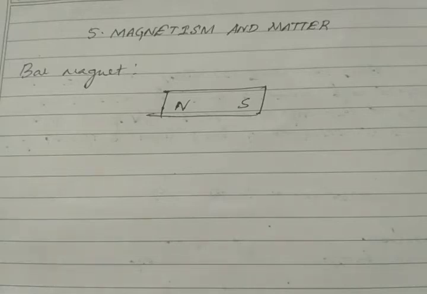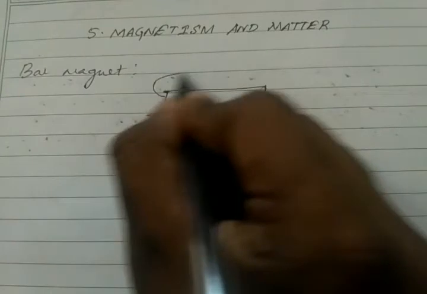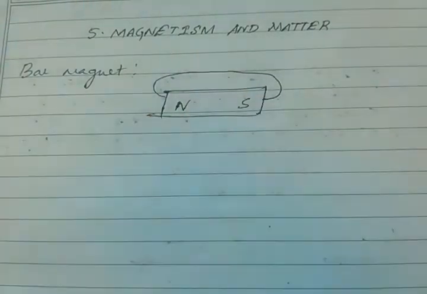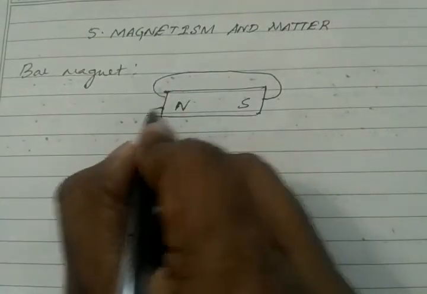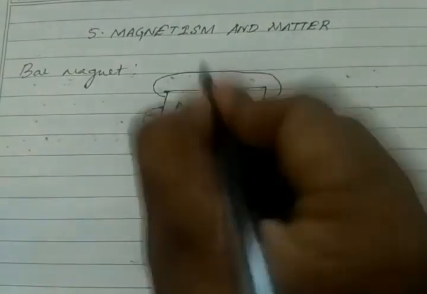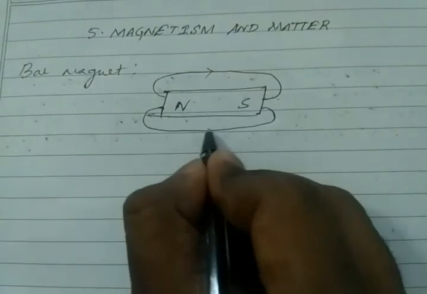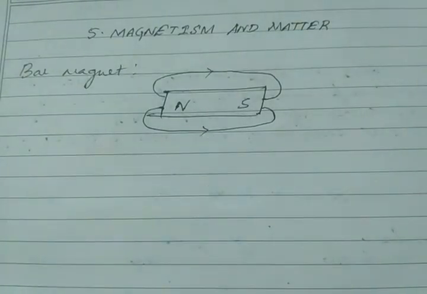This bar magnet produces magnetic field lines, and magnetic field lines always start from the north pole and end at the south pole. Very important point. Clear? So we will see it in magnetic field lines.